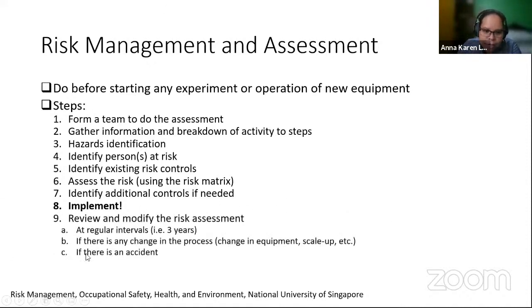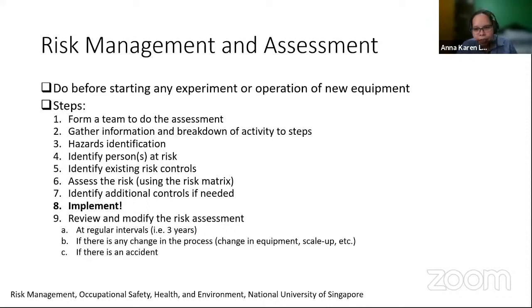Lastly, review and modify the risk assessment at regular intervals, for example every 3 years, or if there is a change in process, a change in equipment, or you scale up. Then you have to assess whether the risk controls still hold, or employ additional risk controls if needed.